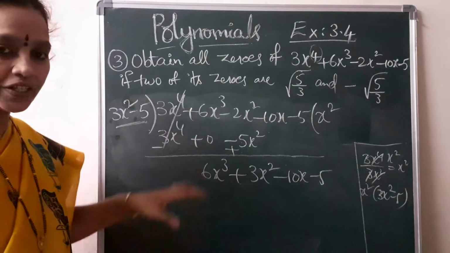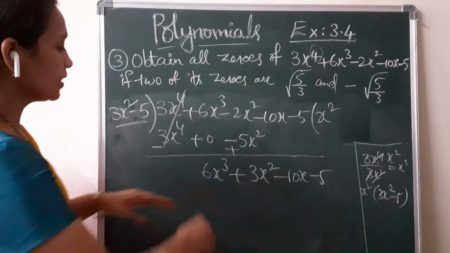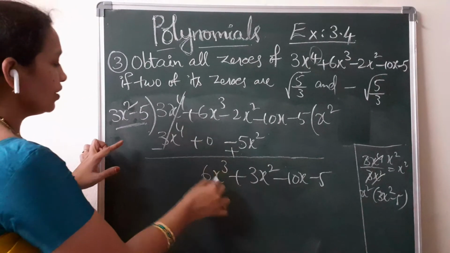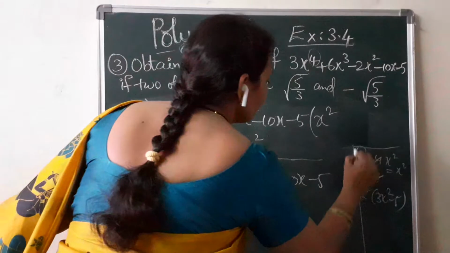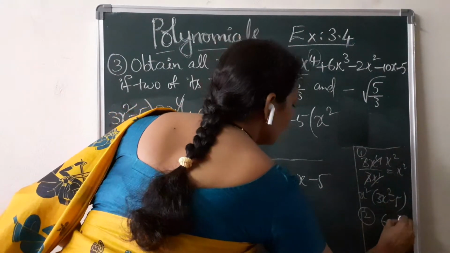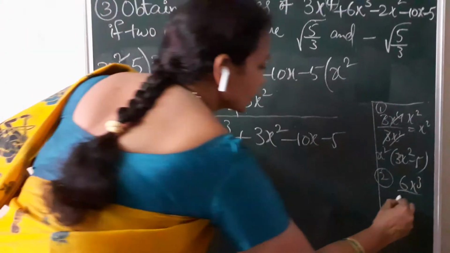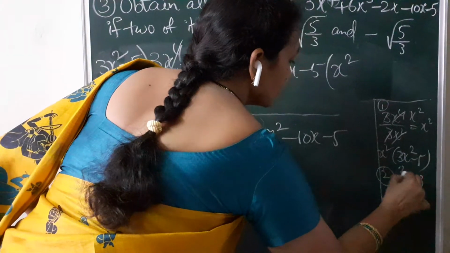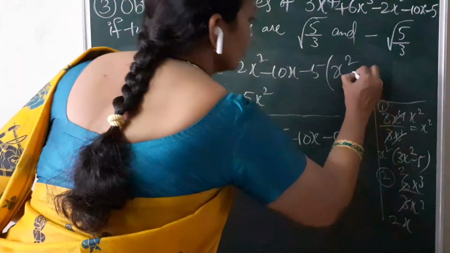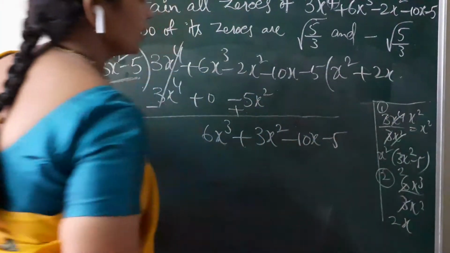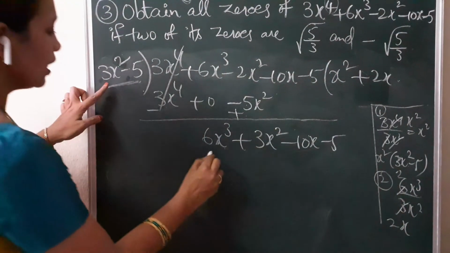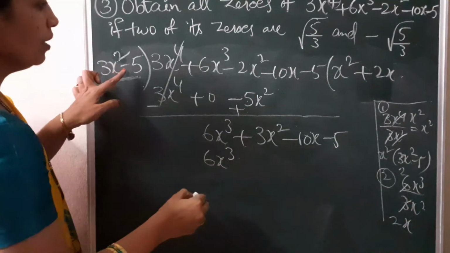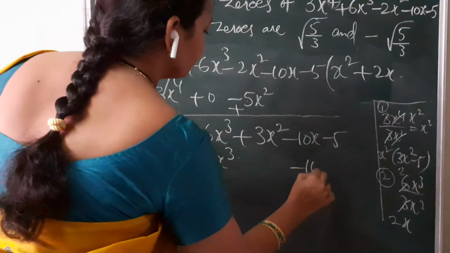The first division step is completed. In the second division step, divide the first term of the dividend by the first term of the divisor: 6x cube by 3x square is nothing but 2x. So here you get plus 2x. Multiply plus 2x with the divisor to get 6x cube minus 10x.